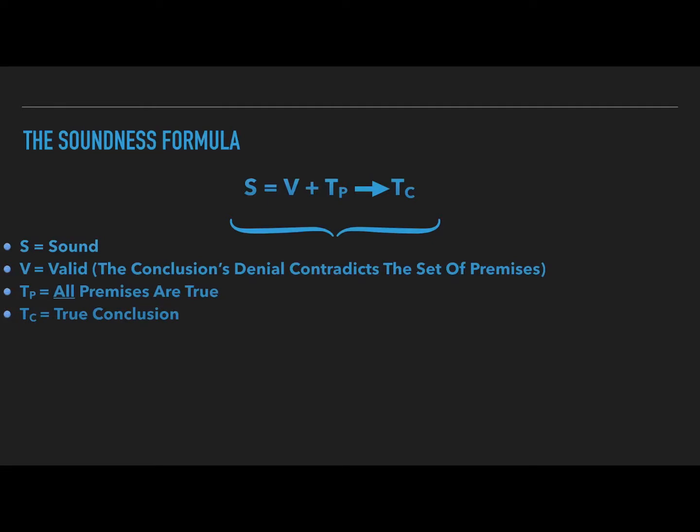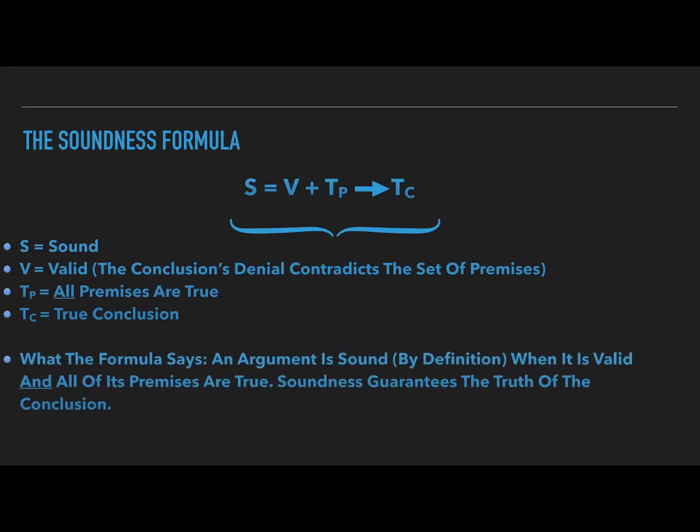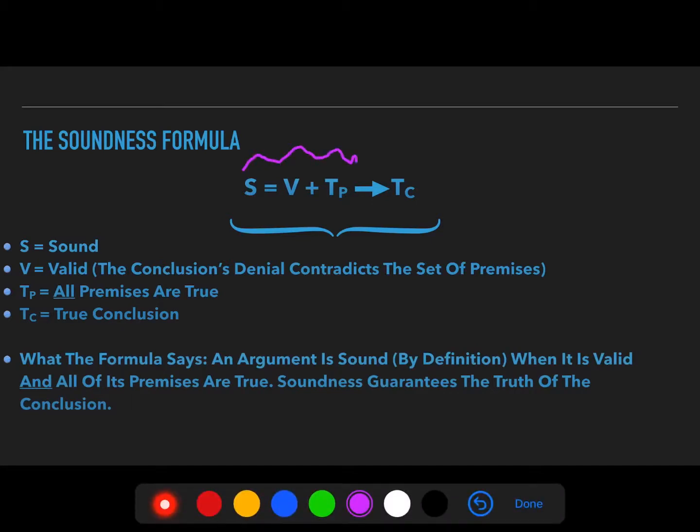So what the formula then says is, first of all, the definition of soundness is this first part. A sound argument is one that is valid and has true premises, all true premises. Now, the truth of the conclusion is not part of the definition of soundness, but it does follow from the definition.